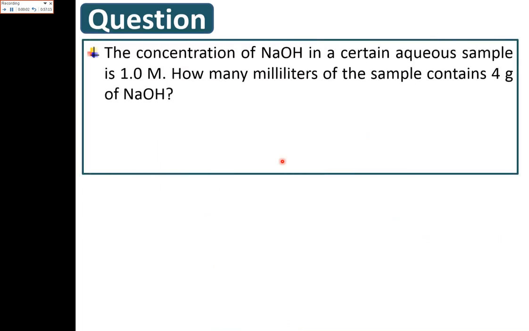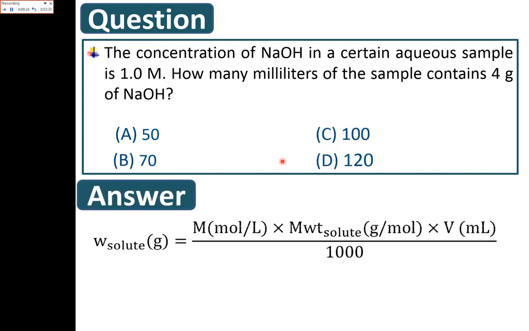The concentration of sodium hydroxide in a certain aqueous sample is 1 molar. How many milliliters of the sample contain 4 grams of sodium hydroxide? So we want to calculate the volume of the sample containing 4 grams of sodium hydroxide. Is it 50, 70, 100, or 120? So we will apply here the rule for the molarity.